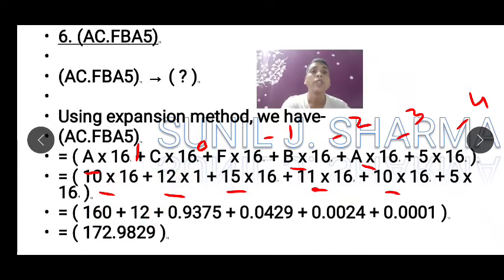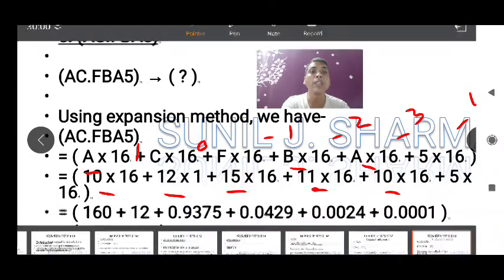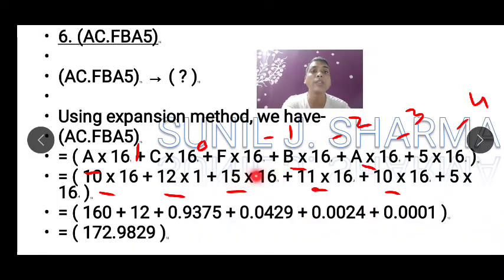But here, can you see 15 upon 16? 16 raised to minus 1 means 15 upon 16. This is 11 upon 16 raised to 2, this is 10 upon 16 raised to 3, and this is 5 upon 16 raised to 4.